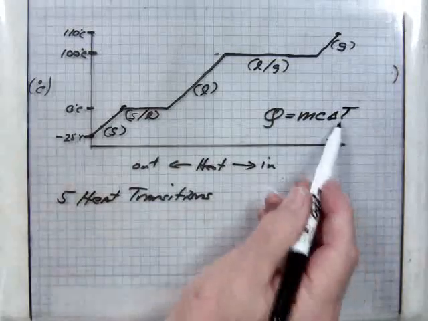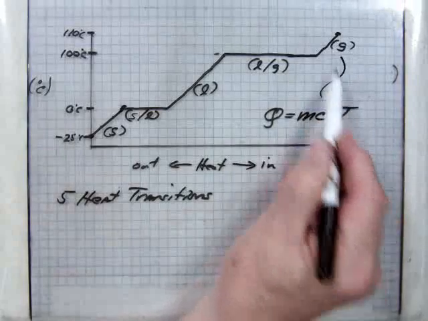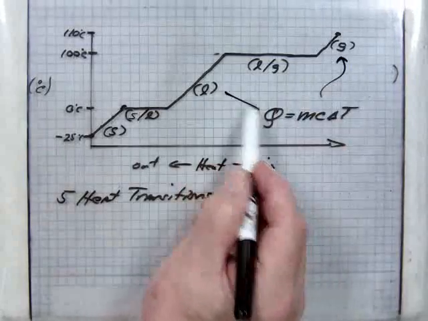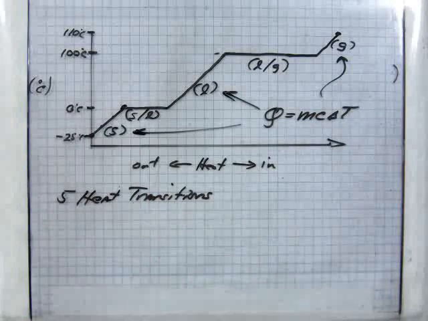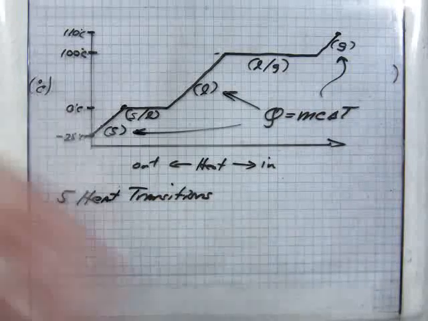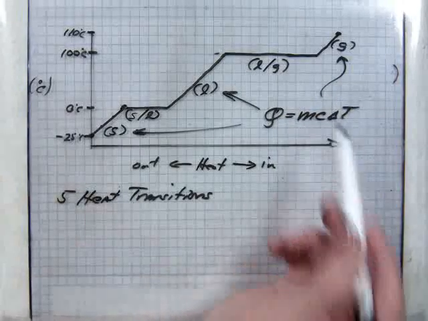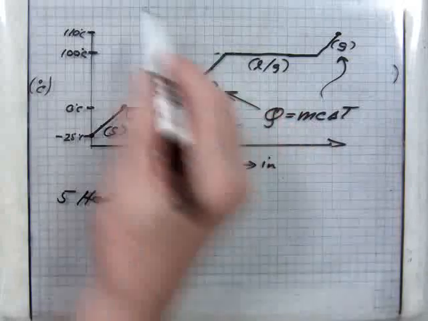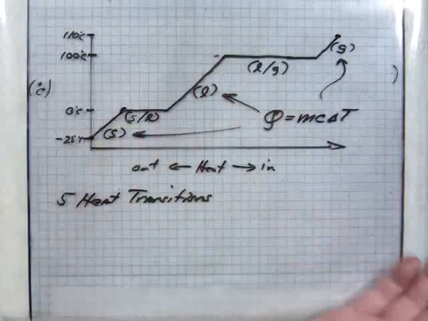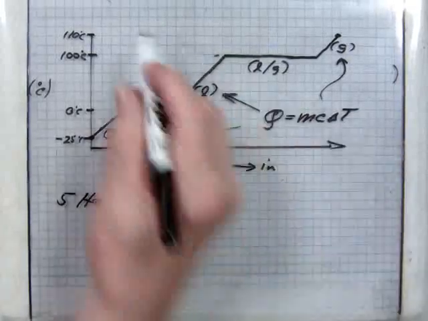Notice it has a delta T in it. So this equation is used for those 3 regions right there. Of course, the data will be given to you that will fit into that equation, and you calculate an energy number. The second equation is for the no temperature change region, or a phase change equation.